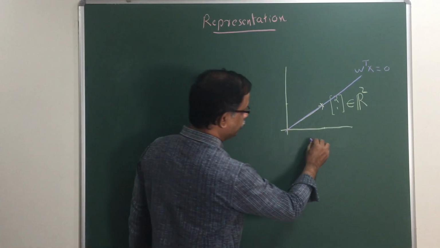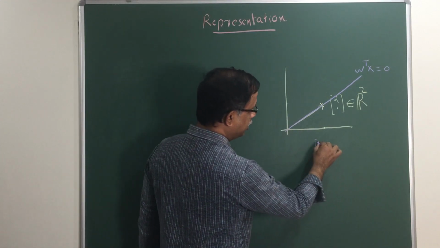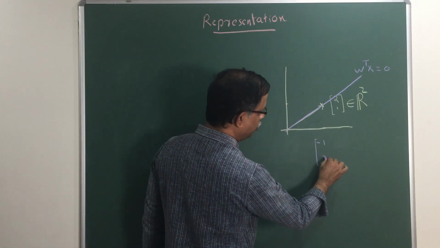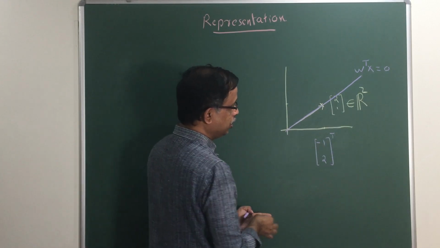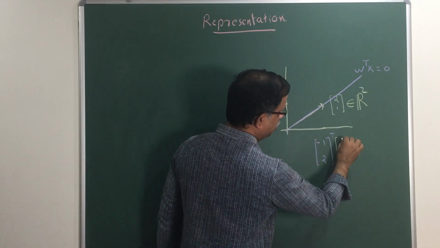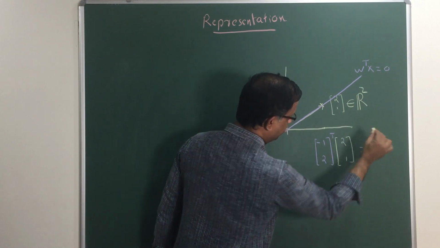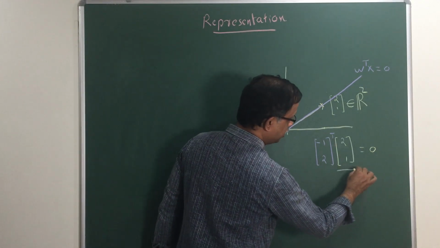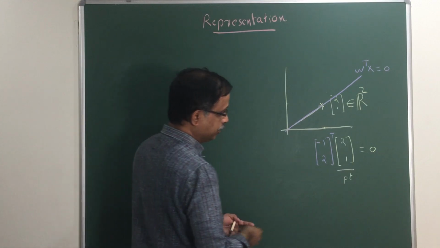If you look at a numerical example, this will be something like (-1, 2) transpose (2, 1) is equal to 0. This is the point. This is the line.